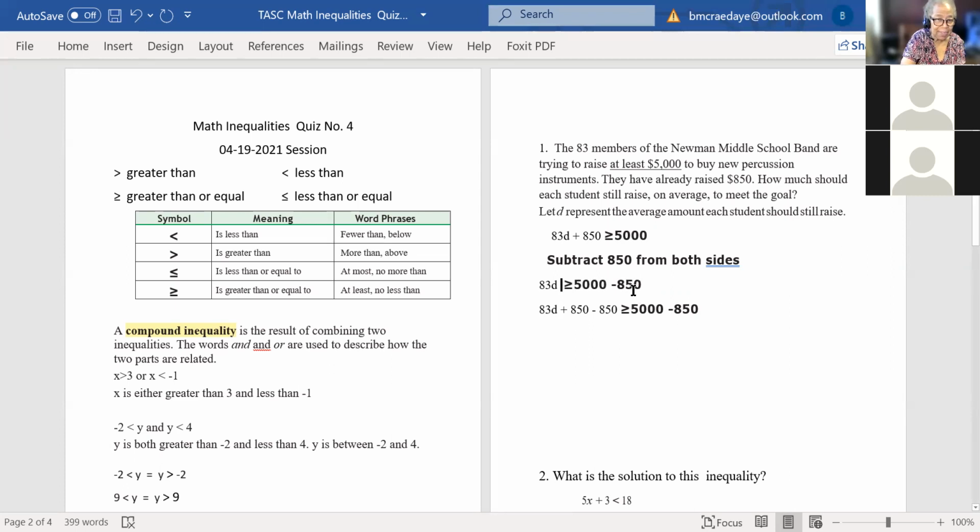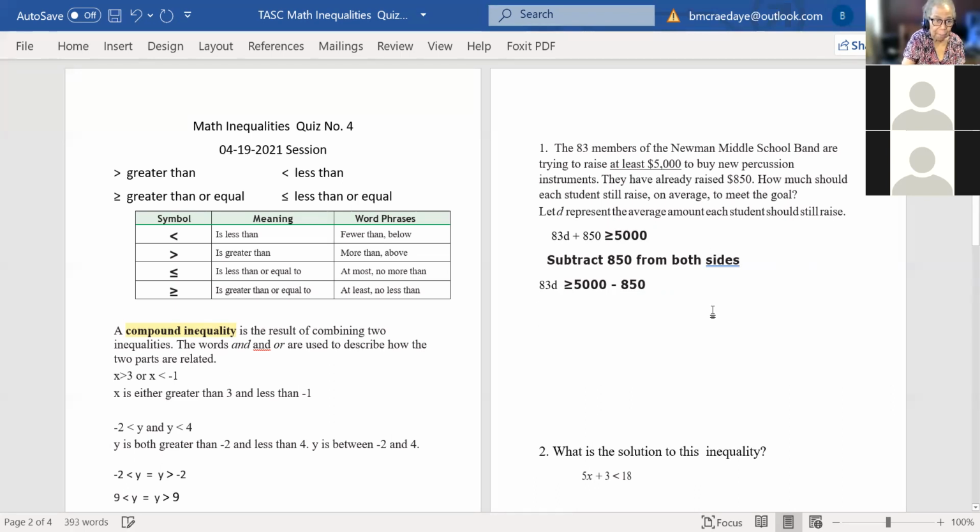What's 5,000 minus 850? You subtract that. What do you get on the right side?